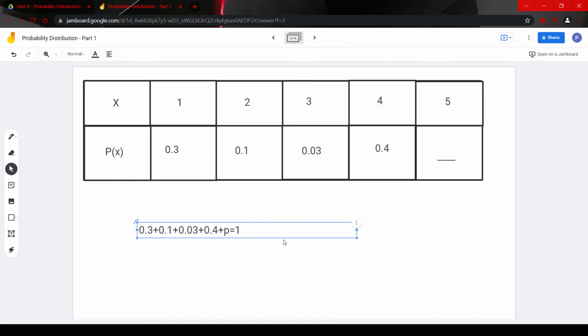And from here, we can quickly solve: 0.7, 0.8, 0.83 plus p is equal to 1. That gives us p is equal to 0.17. So here would be 0.17.